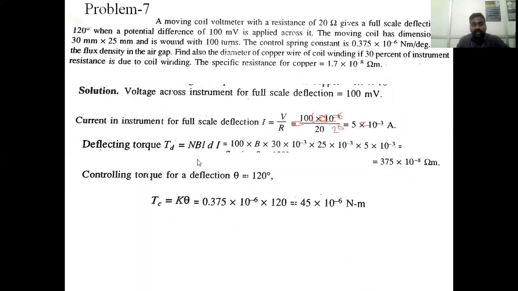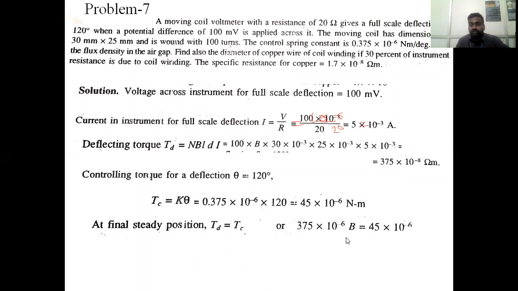So after calculating the deflection torque and the controlling torque, we need to equalize both of them. Controlling torque is equal to the deflection torque. What is the value of B here? What will be the final answer?